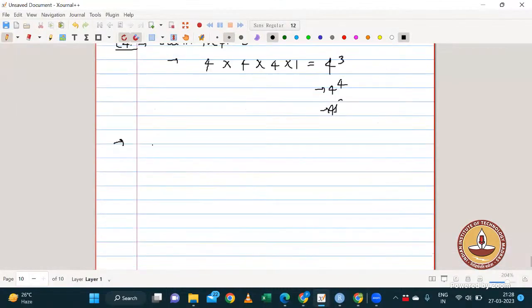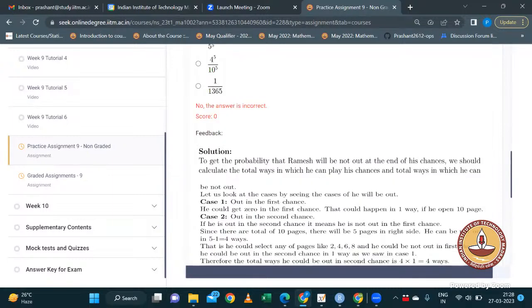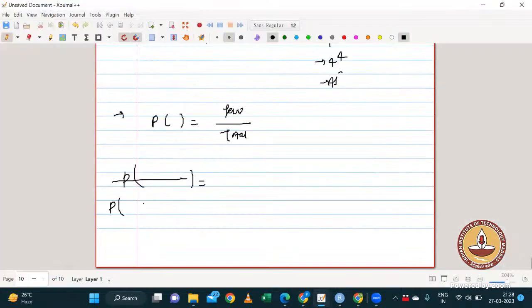Because see, what is the probability basically? Favorable cases over total cases. What probability has been asked? The probability that Ramesh is not out at the end of his chances.